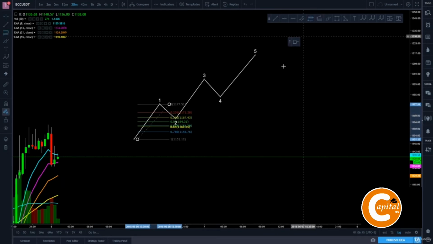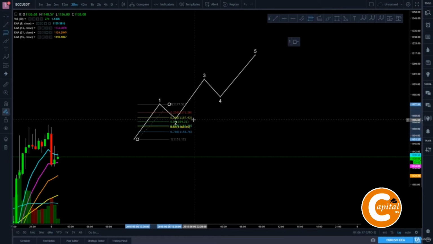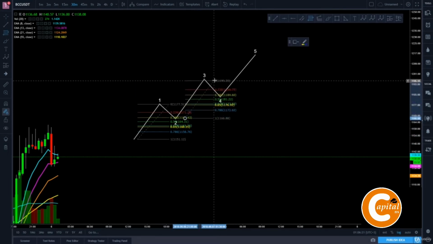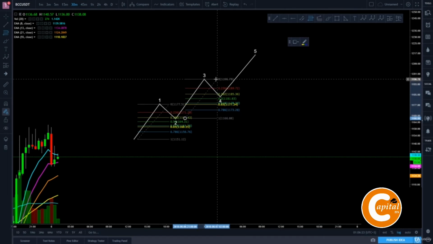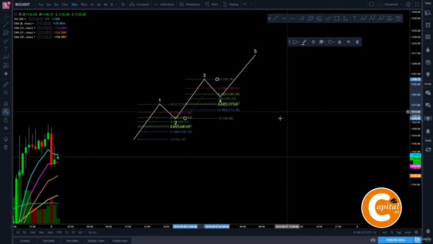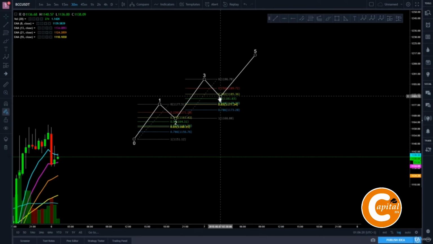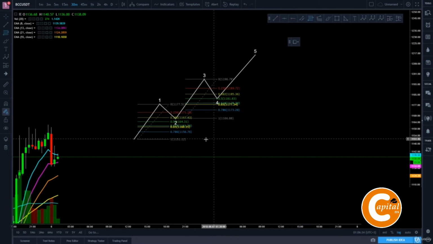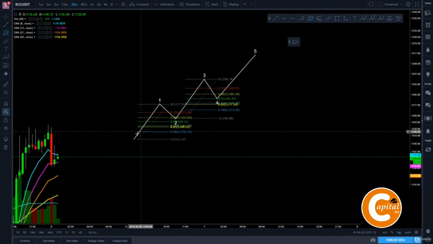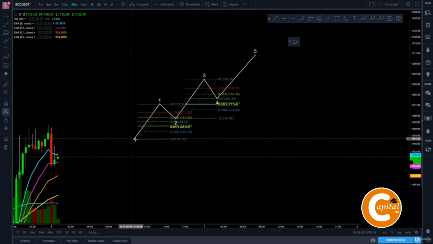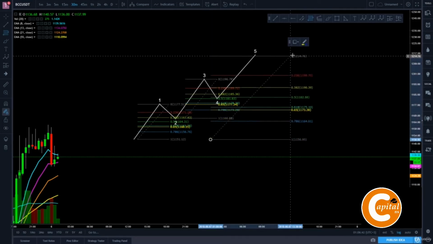We do the same thing for wave 4: we start from where the wave 2 retracement finishes, and we drag it to the next high, which completes wave 3, to determine where the retracement for wave 4 will be. And after all 5 waves are completed, we take the Fibonacci tool for all waves 1 to 5, and we start again from the origin of wave 1, and we drag it to where wave 5 finished.